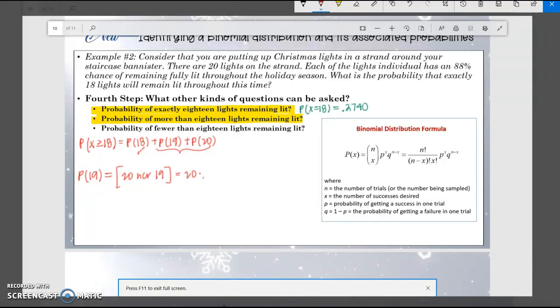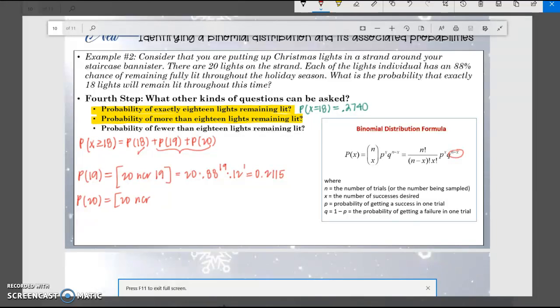Then I multiply by my probability of success raised to my x value, which is 19, times my failure, 0.12 raised to n minus x, so 20 minus 19 is 1. When I put that together, 20 times 0.88 to the 19th power times 0.12 to the first power, I'm getting out a value of 0.2115.